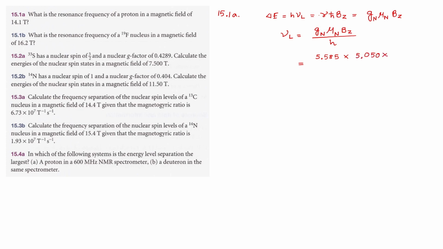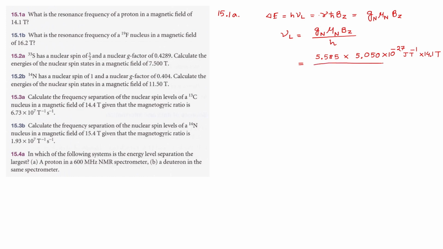5.050 into 10 to the power minus 27 Joule Tesla inverse, and then the magnetic field is given, 14.1 Tesla, right?